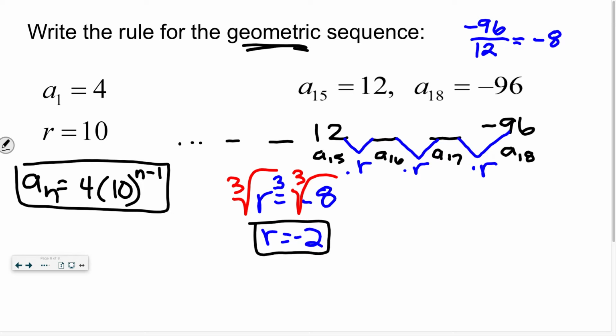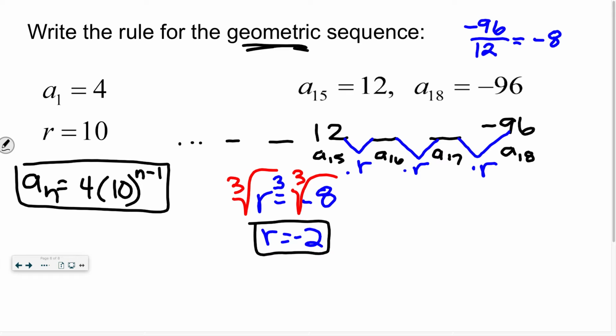Okay, so you could do it individually, right? Divide by negative 2, divide by negative 2, divide by negative 2, keep track of it. You open yourself up to getting lost in that division. So what some other people are saying is, think about how many times did we multiply by r?